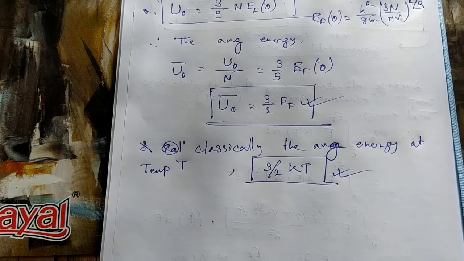In this lecture we solved an application of FD statistics, because the electron gas or the metal is an application of FD statistics. In the next lecture we try to construct the concept for Bose-Einstein statistics through Planck's radiation law, Stefan-Boltzmann law, Wien's law, Rayleigh-Jeans law, etc.